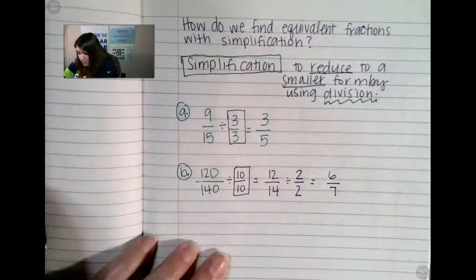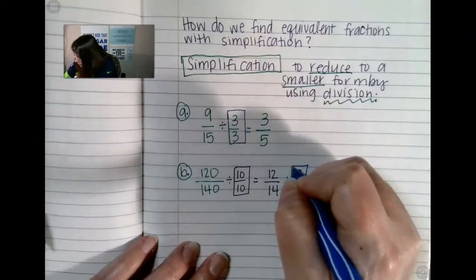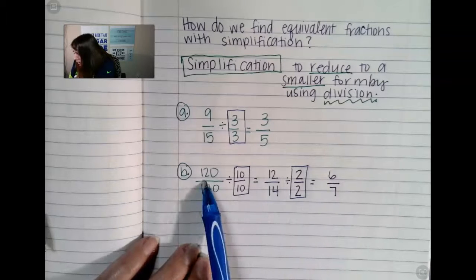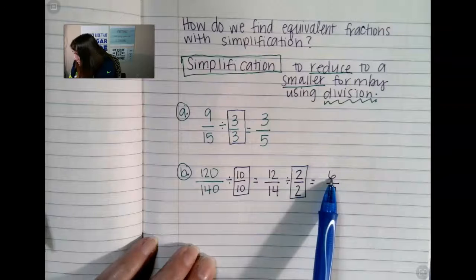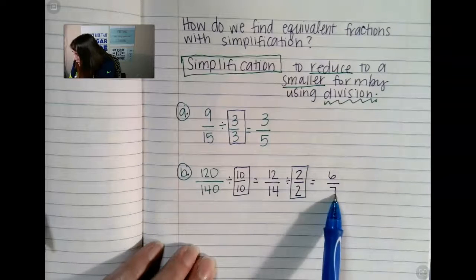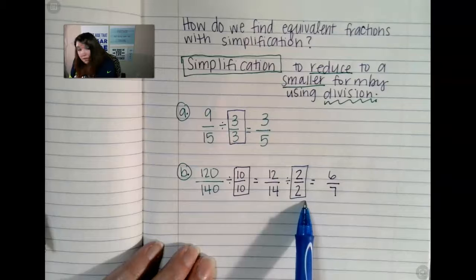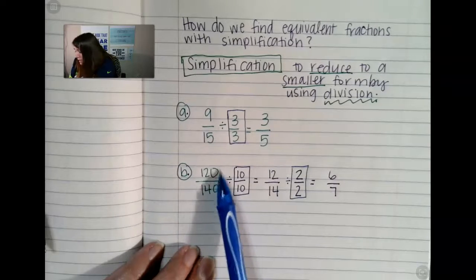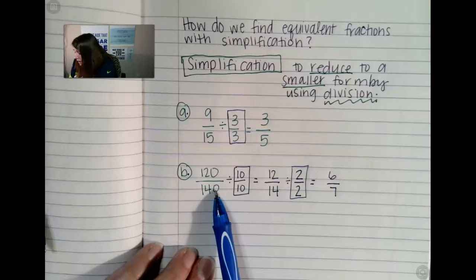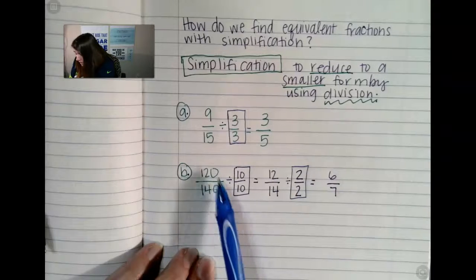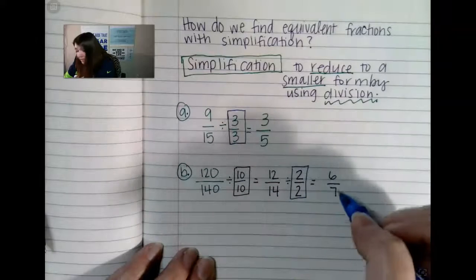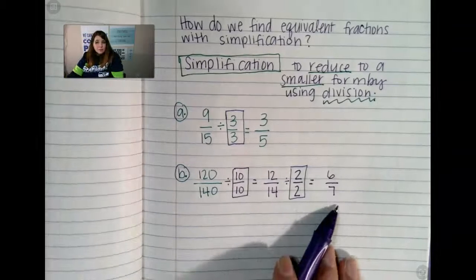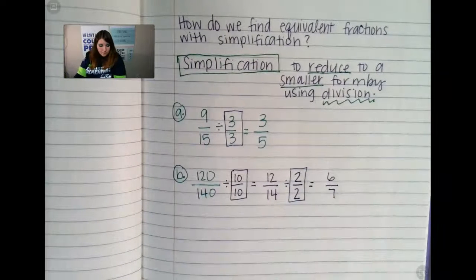Again, I used 2 over 2, and I have an equivalent ratio or fraction: 120 over 140 is equal to 6 over 7. 6 and 7 are the smallest it will go, because there is no number that 7 goes into that 6 goes into as well.